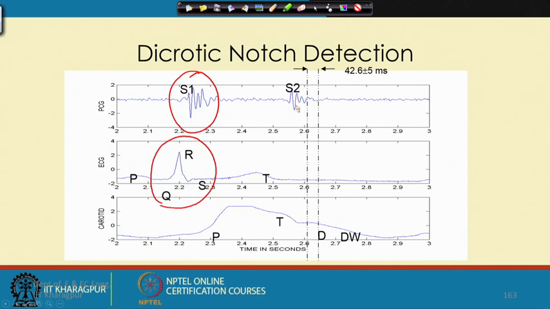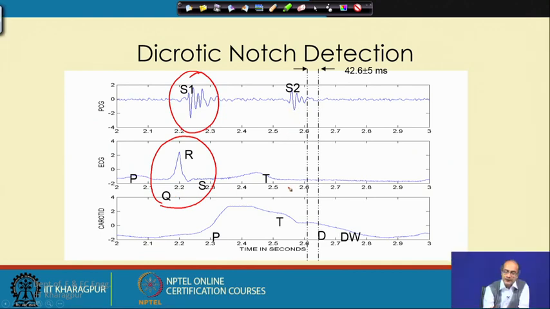Now, the S2 one comes when the ventricles relax and the valves, which were so far allowing the flow of blood from the ventricles to the arteries, close down. If the valves get calcified, instead of a soft sound, it will make a metallic sound, and that will give rise to an increase in the S2 sound.